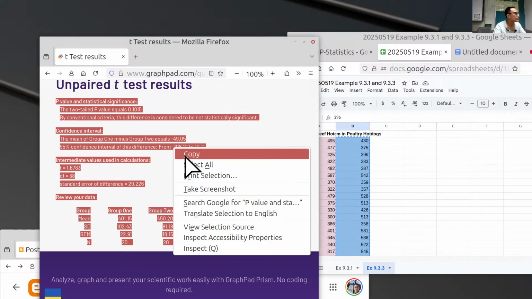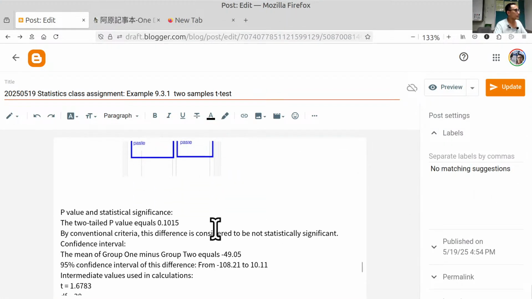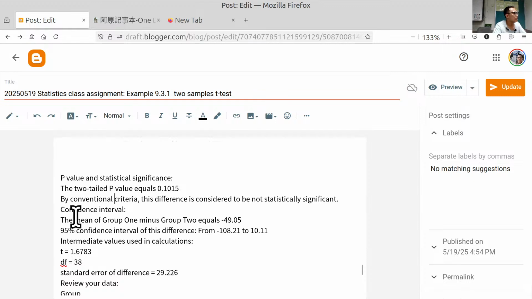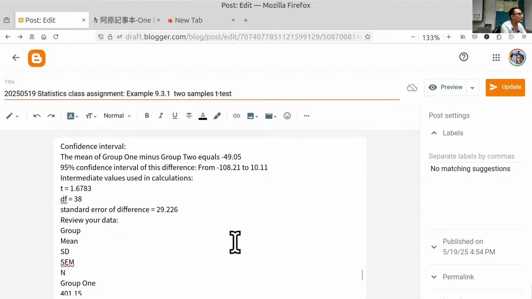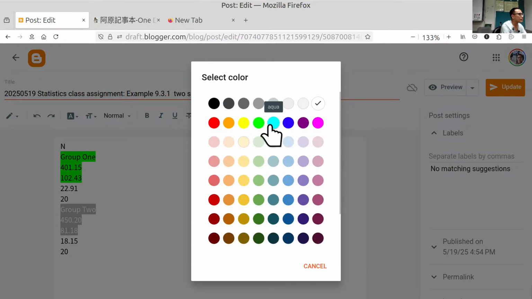And copy, and get it. To tell the p-value, it is this one, and it's a little bit different from our textbook because it's one tail, and we can highlight this. All done.